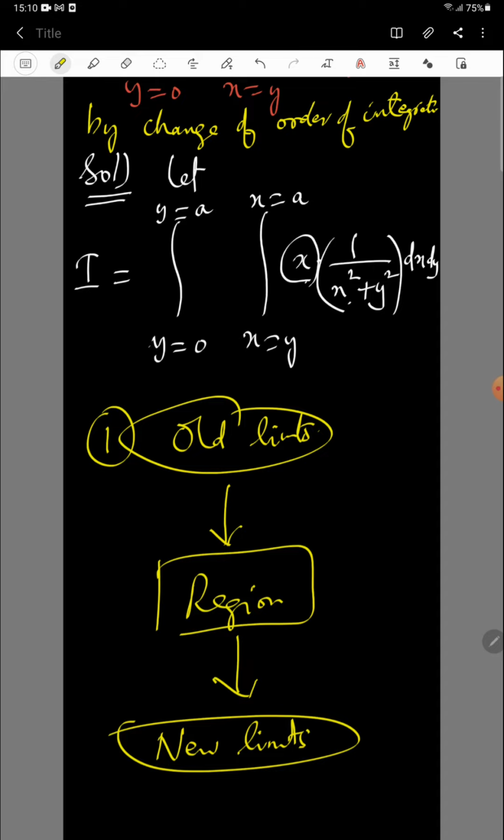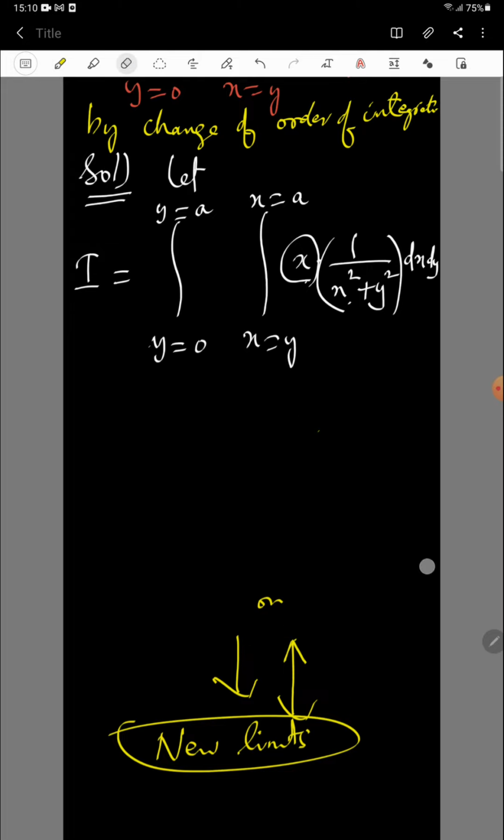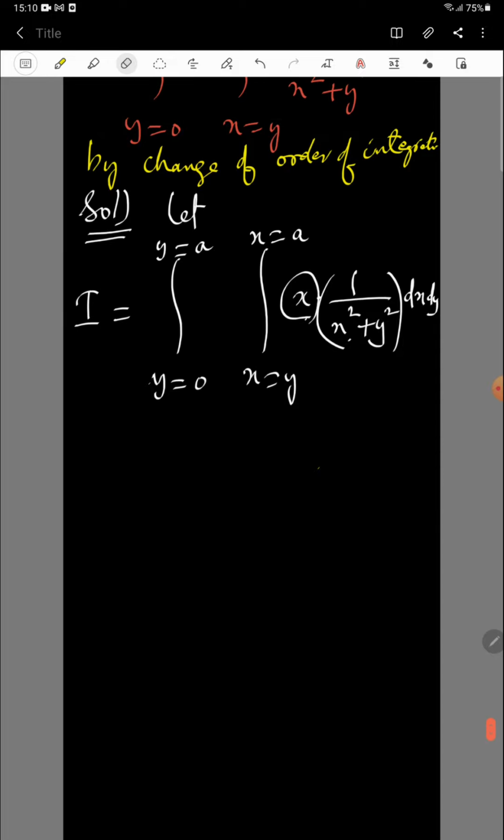So first we need to know what the region is for these particular limits. Finding the limits from the region, I have recorded a separate video, but in this problem I will try to give a touch of that. The detail you can see in that one.